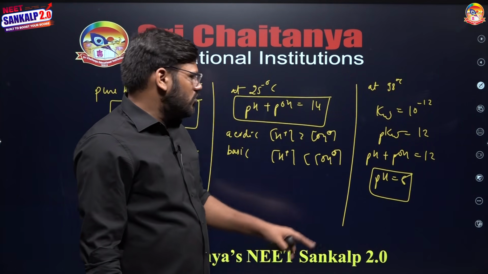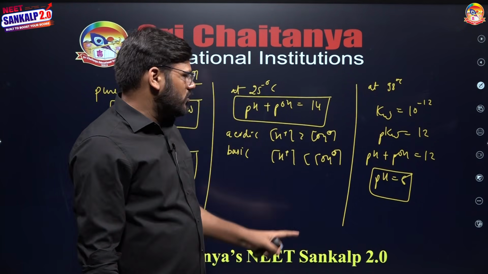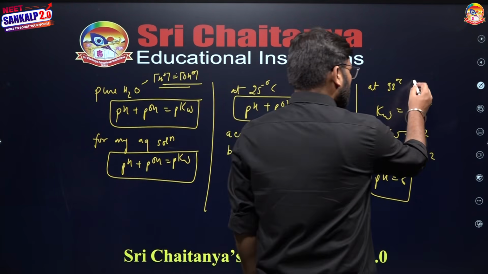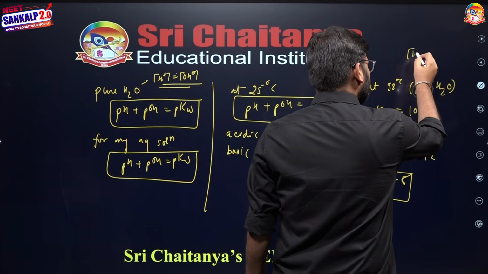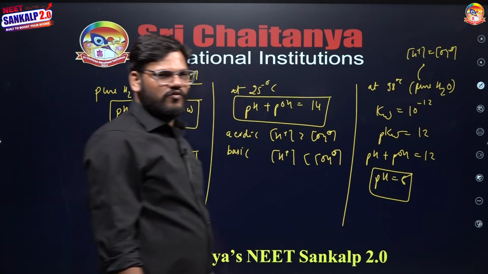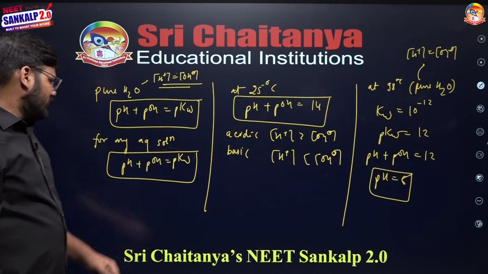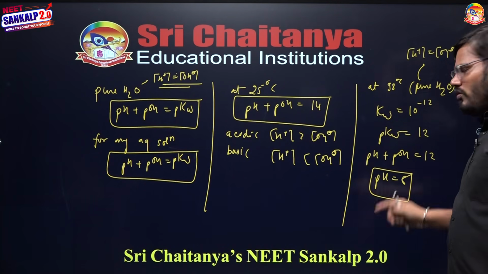At that moment also we will say the solution is still neutral, because in this case also pure water is neutral only because it contains the same concentration of H plus and OH minus ion. That is one thing. So pure water is always neutral irrespective of pH value.